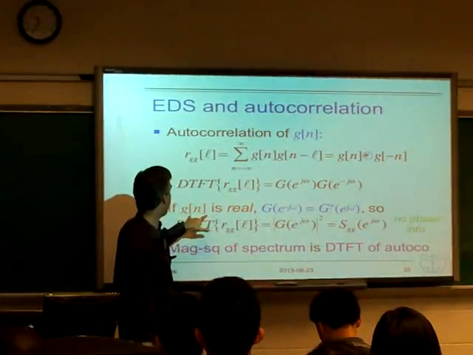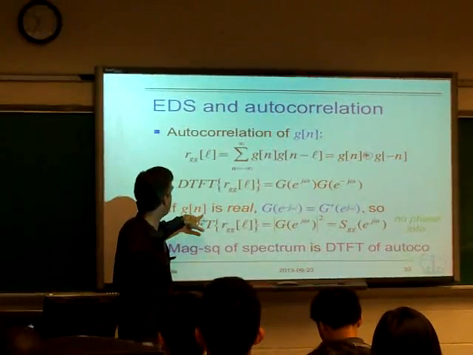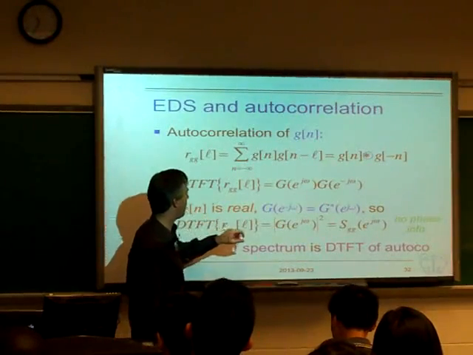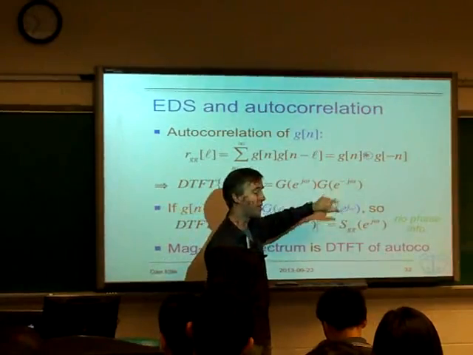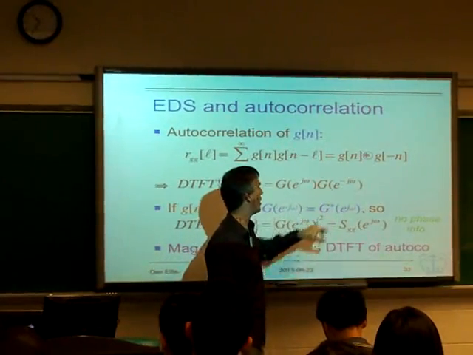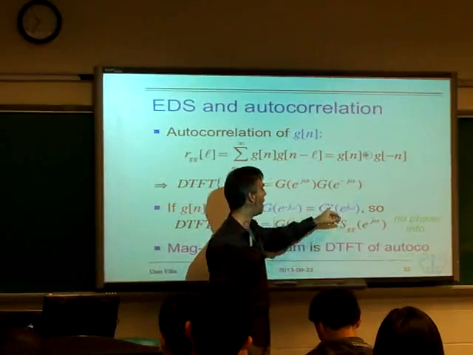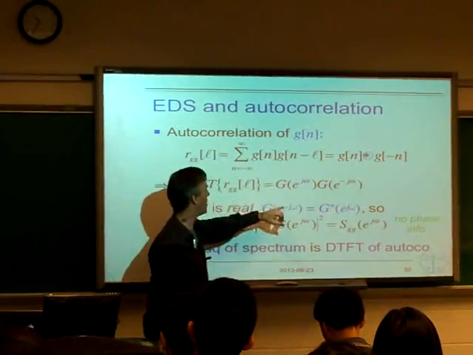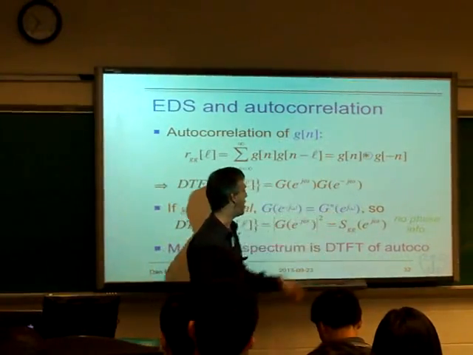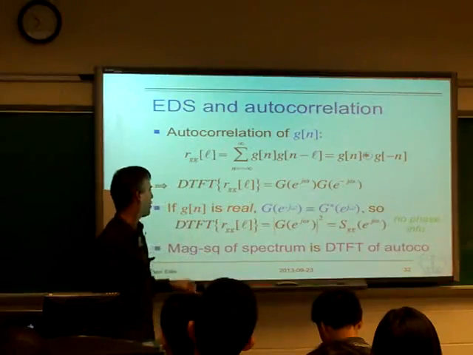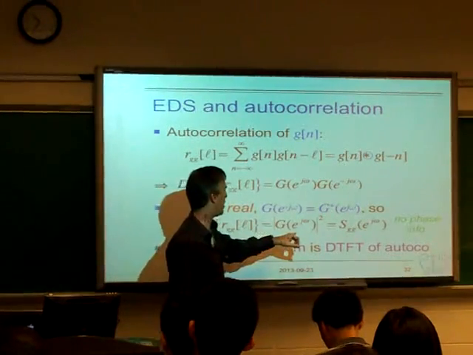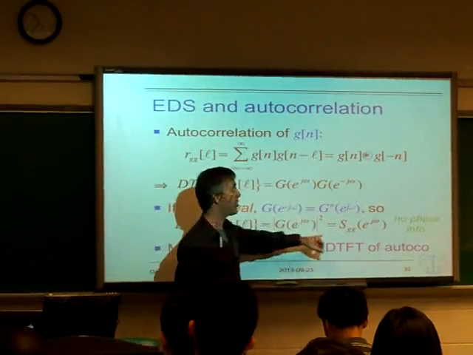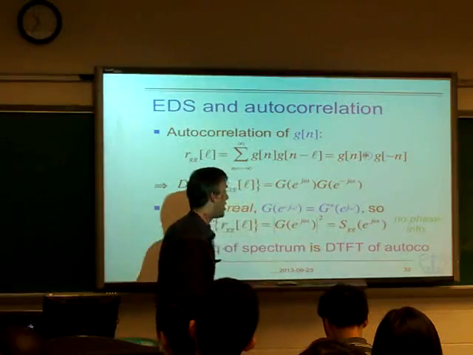But if we have a real signal to begin with, then the spectrum itself will be conjugate symmetric. So when we flip it in time, we get the conjugate of the signal coming out. And so then this becomes G of e to the j omega times G conjugate of e to the j omega. So the Fourier transform of the autocorrelation is this thing we just defined, the energy density spectrum.